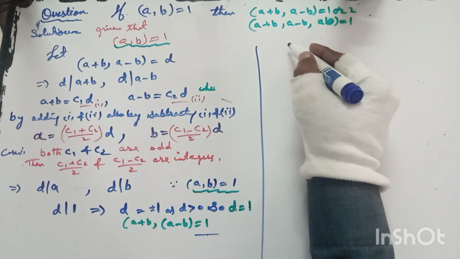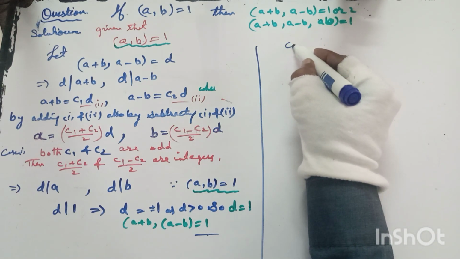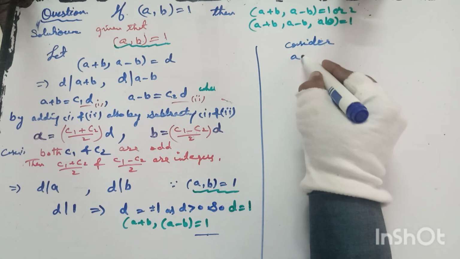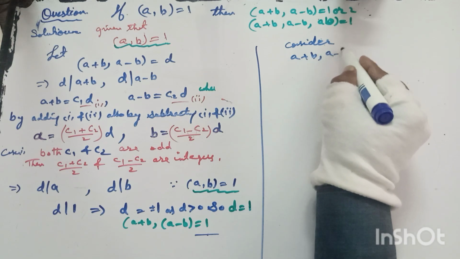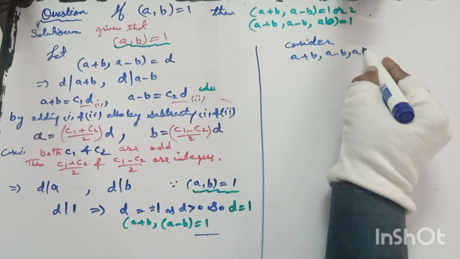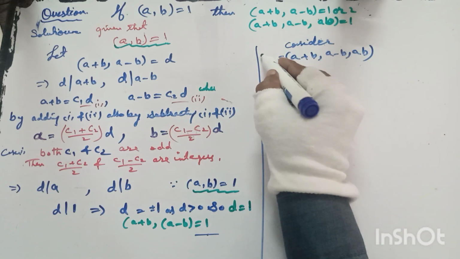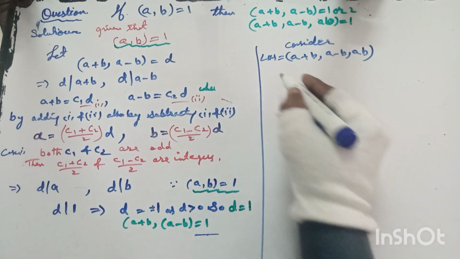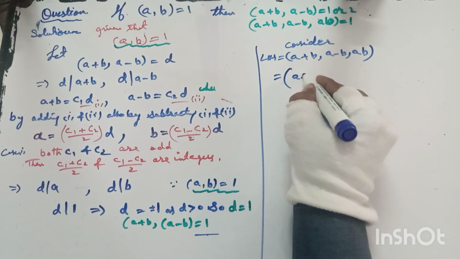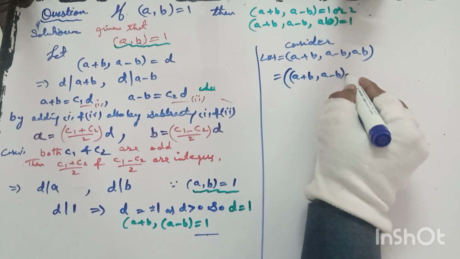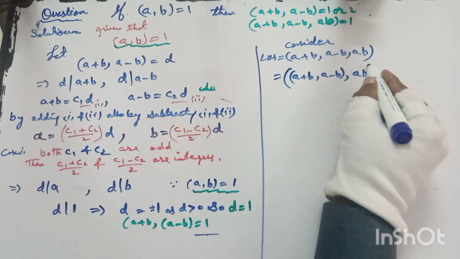So consider the GCD of A plus B, A minus B and AB. I can write the left hand side of this as the GCD of A plus B and A minus B, and the GCD of AB.